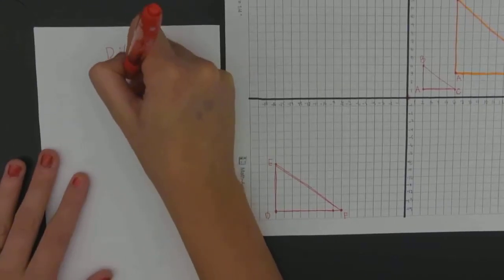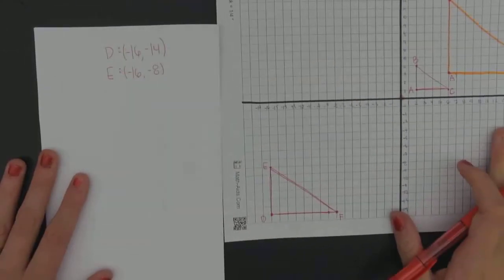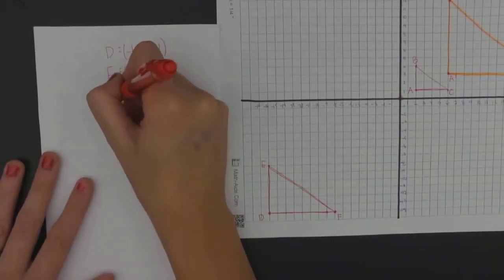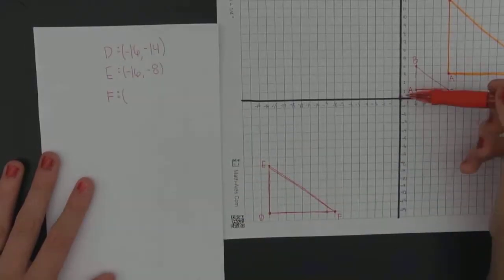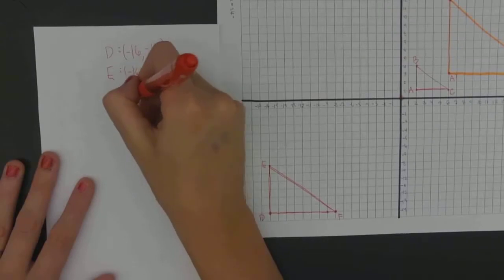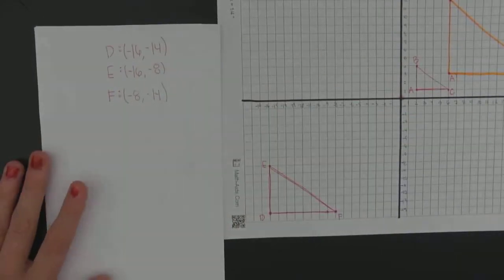So E is at -16, -8. All right, and then F, to get to F, I went -8, -14. Right? Did you guys see that?